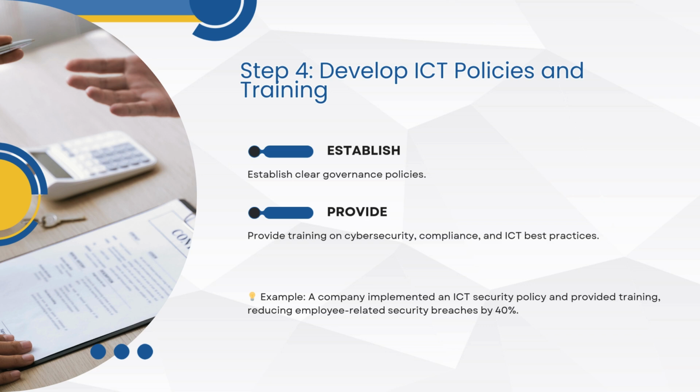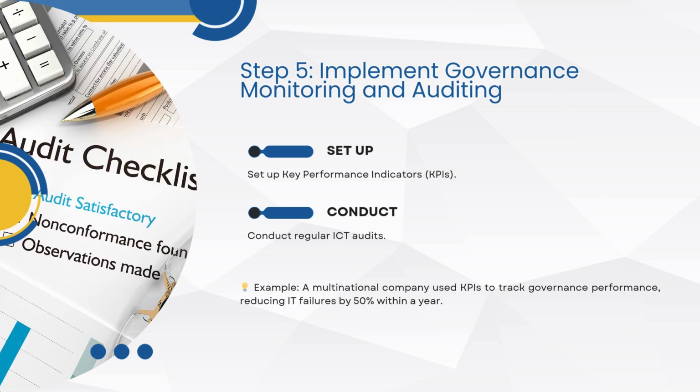Now, let's look at how organizations monitor and audit governance performance, which is step five, implement governance monitoring and auditing. Ways to do this: monitor governance performance by tracking key performance indicators like IT downtime and security incidents.